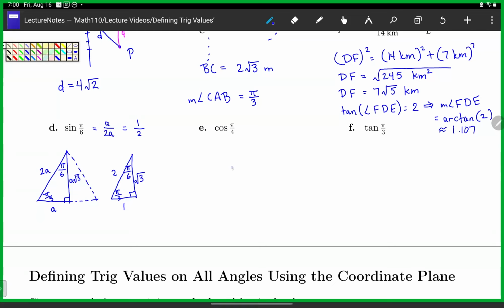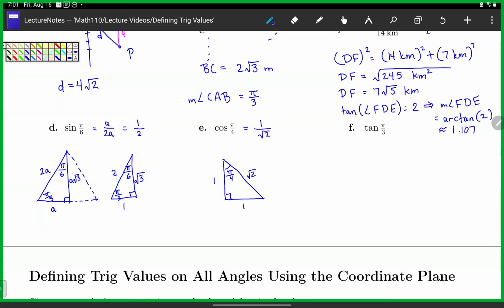Cosine of pi over 4, I'm going to use the isosceles right triangle, or the half square. So this is going to be 1, 1, and square root of 2. Here's my pi over 4. Adjacent over hypotenuse is 1 over square root of 2.